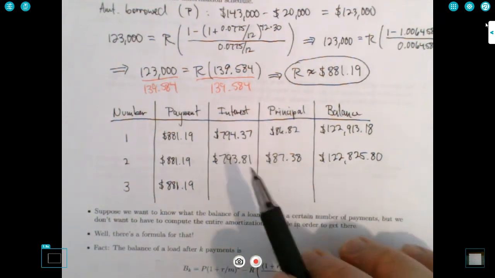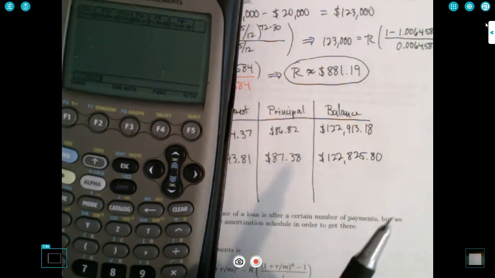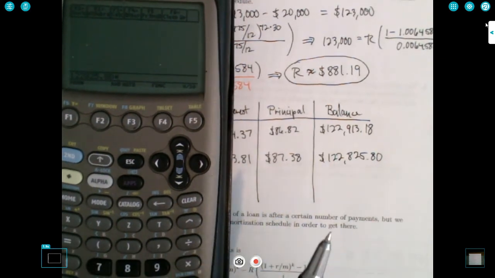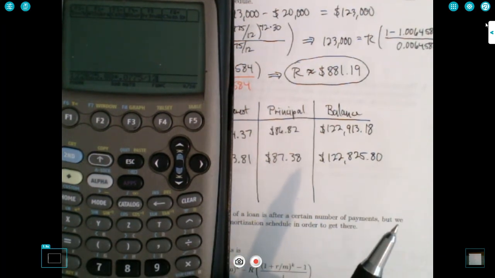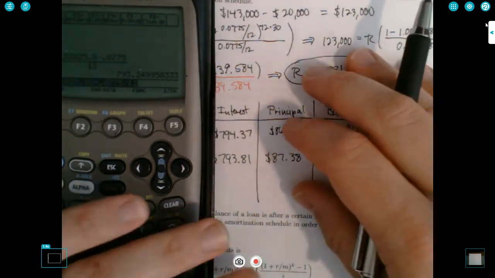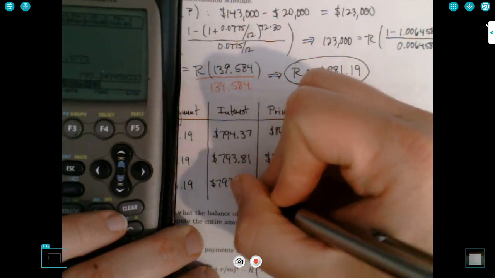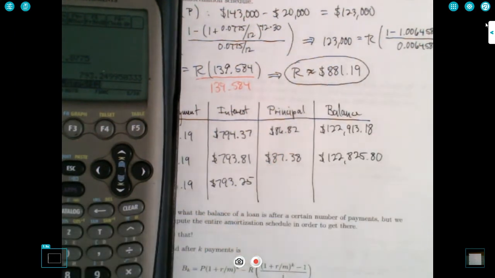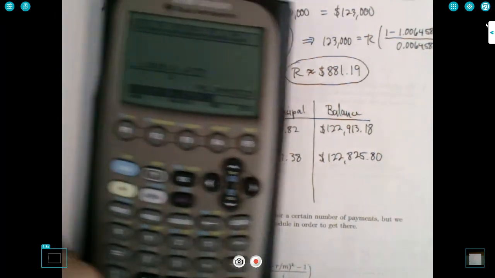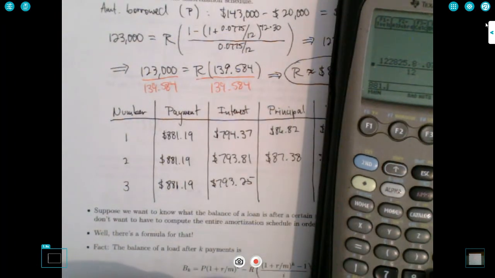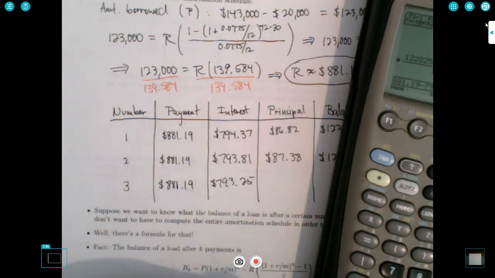Okay, so the interest that they pay is the balance from the previous month times the interest rate divided by 12. So that's $793.25. So the amount that goes towards the principal is $881.19 minus $793.25.